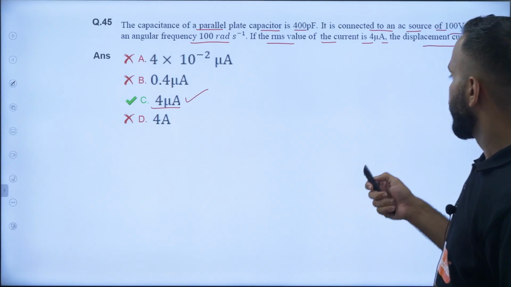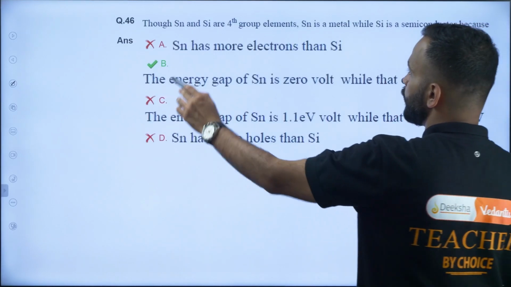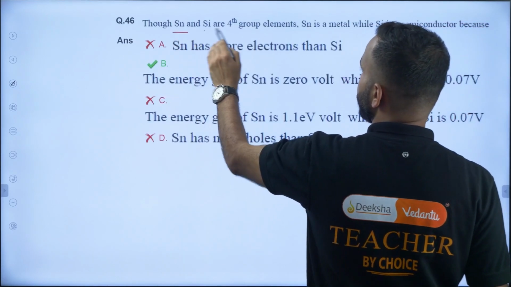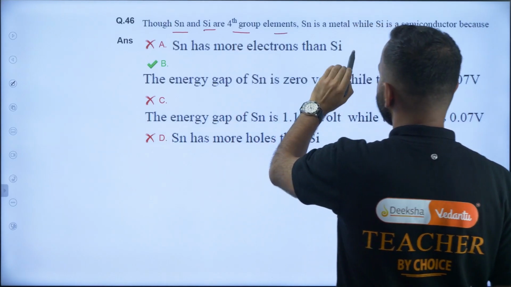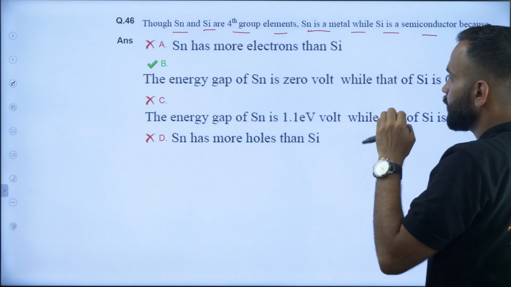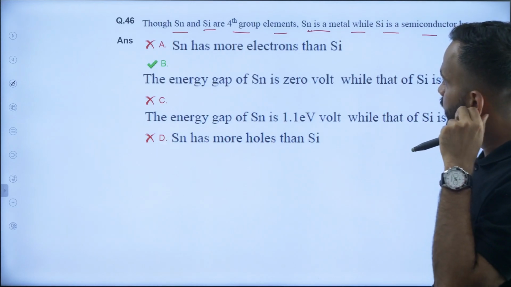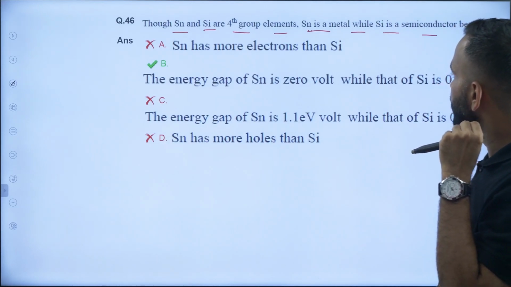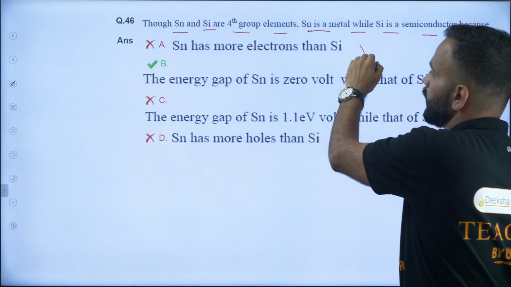Question number 46. Though tin and silicon are fourth group elements, tin is metal while silicon is semiconductor because option A, tin has more electrons than silicon. No, this is wrong, right?